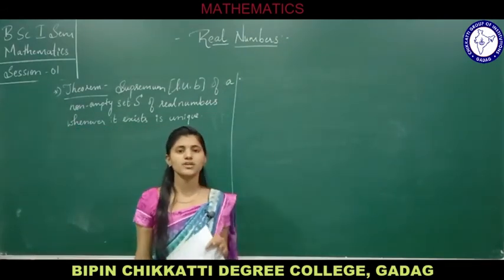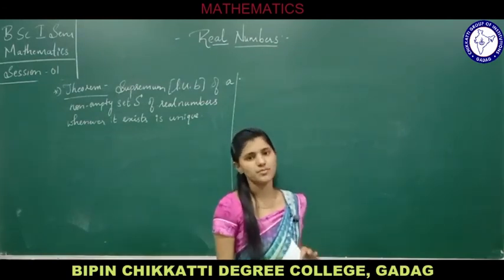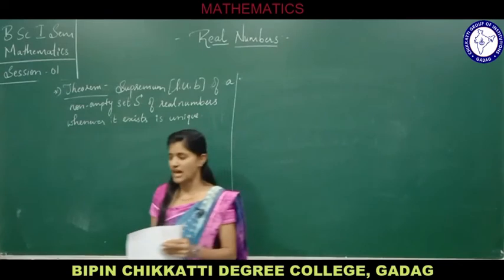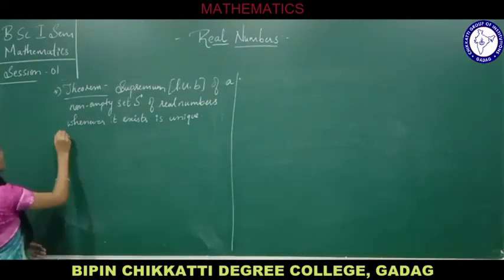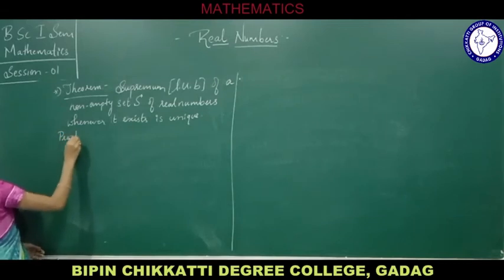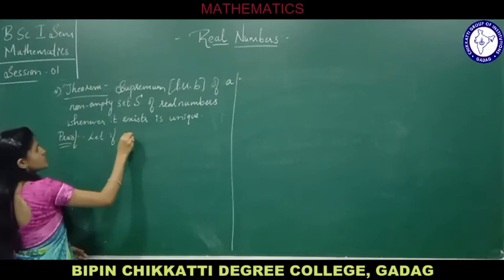There cannot be two supremums. There cannot be two least upper bounds. We need to prove that. The proof: if possible, what are we going to consider?